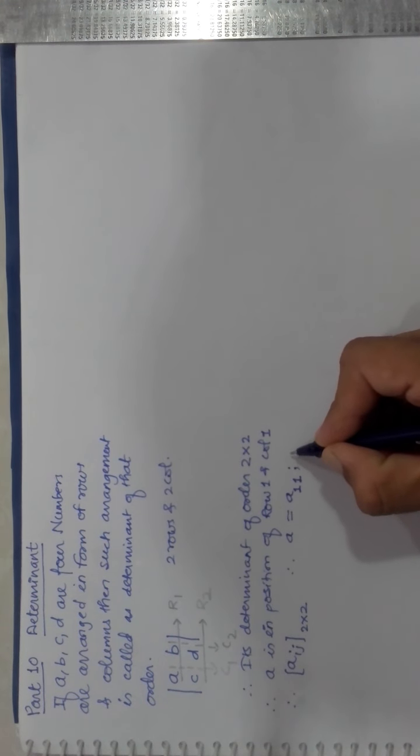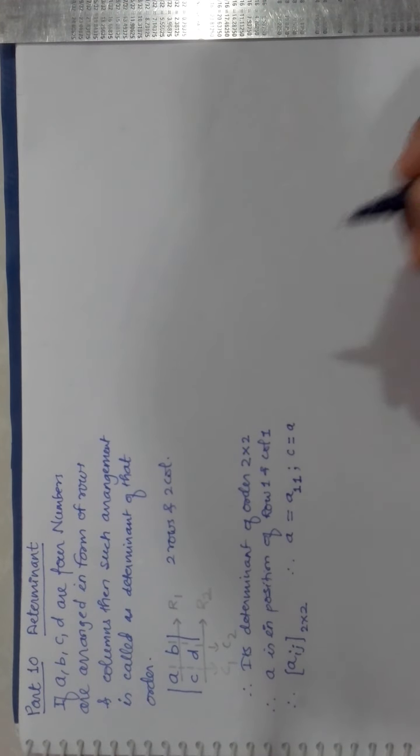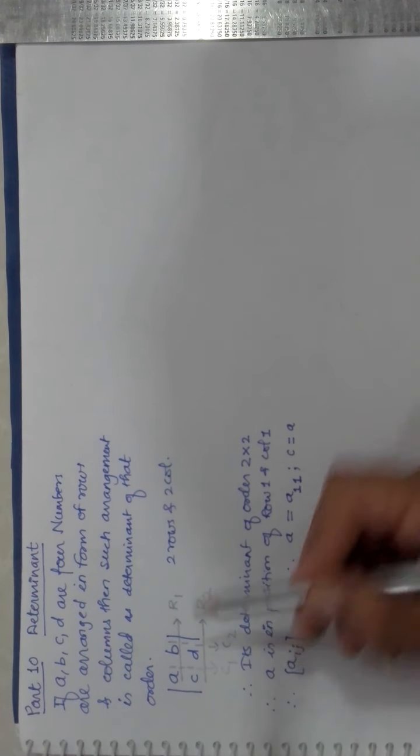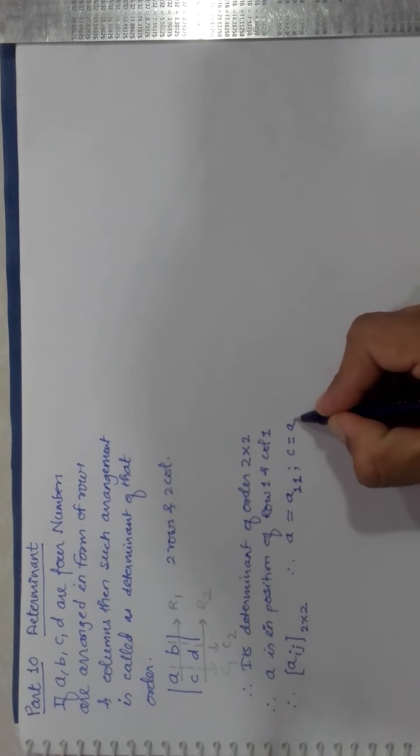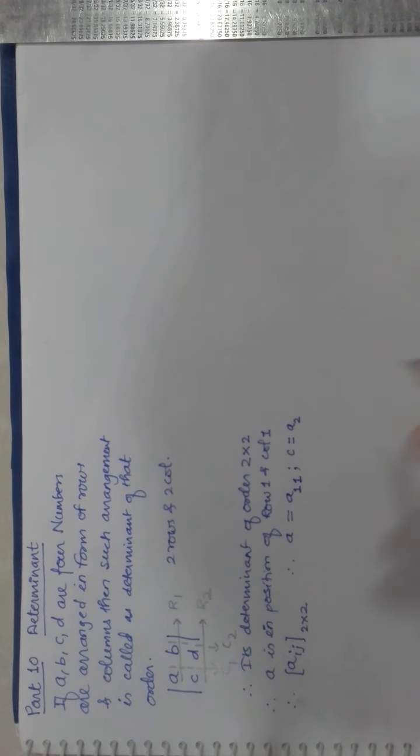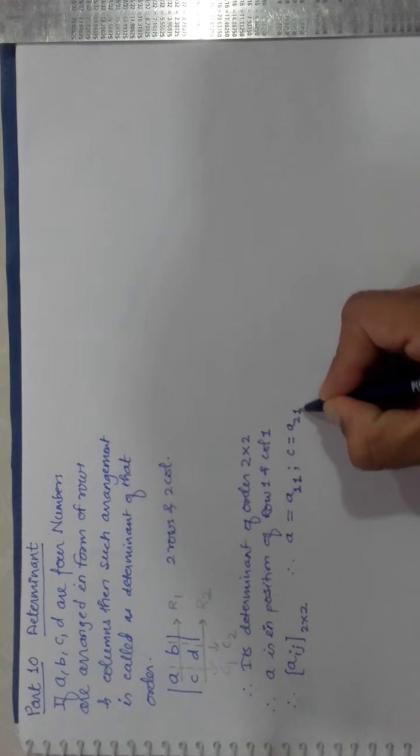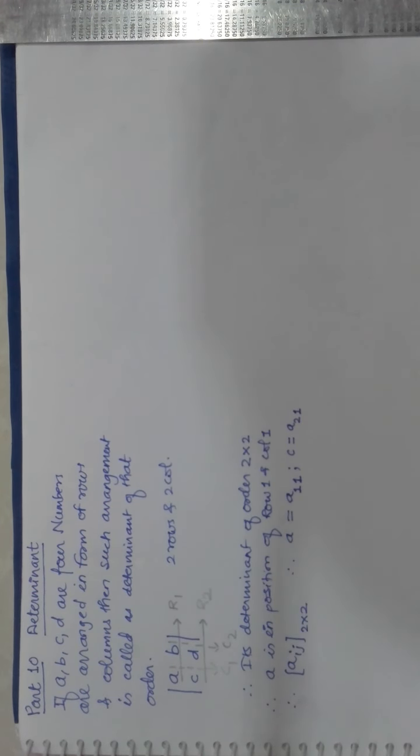Similarly, if you say C, since I am representing all the elements as A, I am writing it as A only. As you see, it falls on row number 2 and also falls on column number 1. So here A21 is the position of element C. So here the determinant is of order 2 by 2.